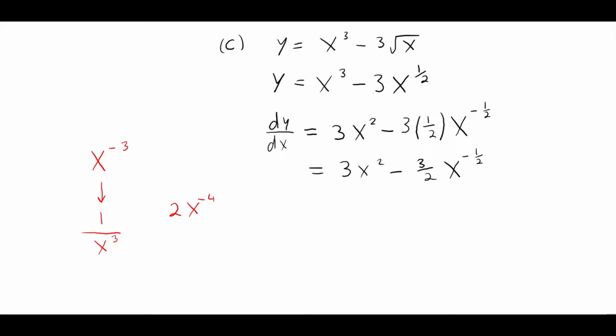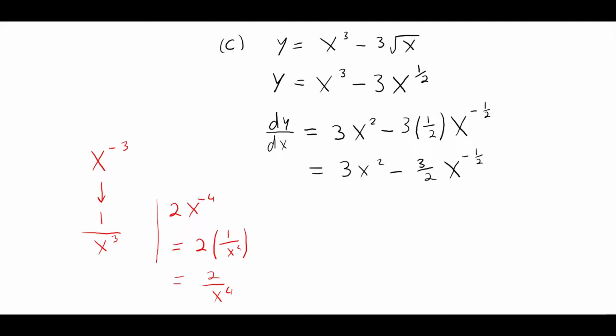That would be equal to 2 multiplied by 1 over x to the power of 4, and then you can put the two of them fractions together. So that'll be just 2 over x to the power of 4.